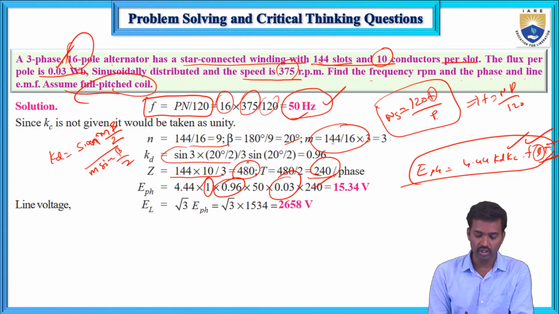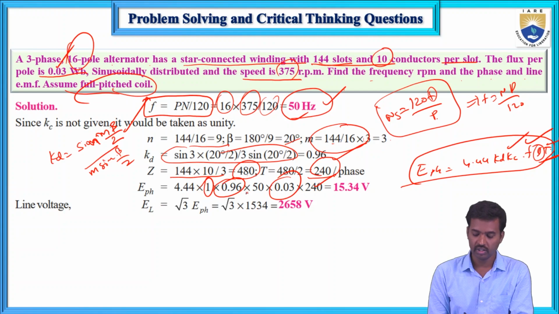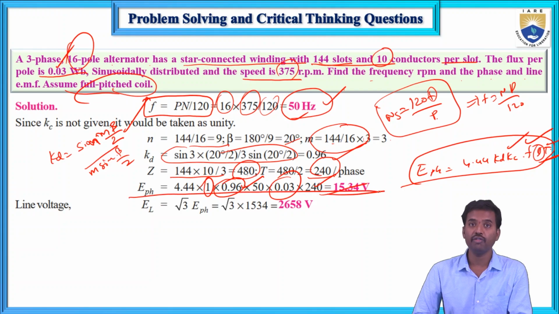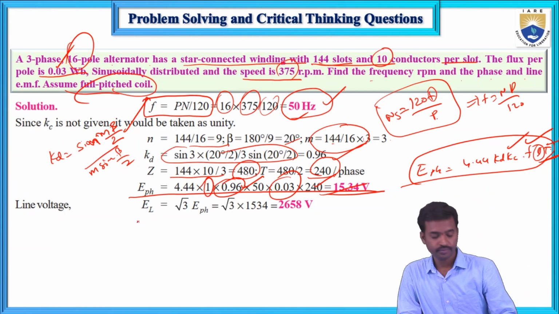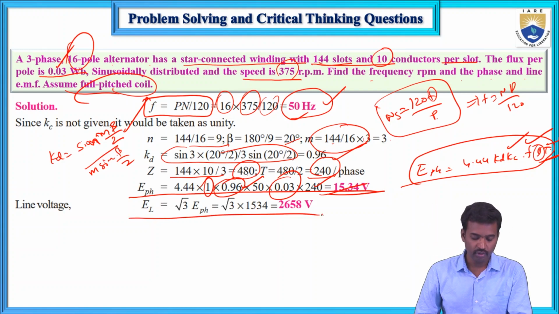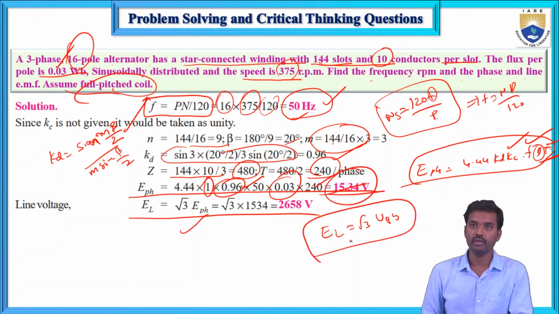If you substitute m and beta in this formula, you will get 0.96. This is KD. Now substitute in the phase value formula. And next, EL, the line voltage, equals root 3 V phase. So after getting the phase value, you can substitute in this to get the line voltage value.